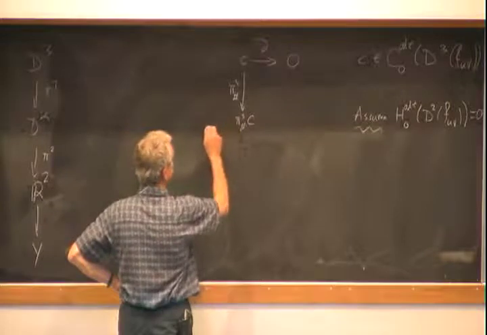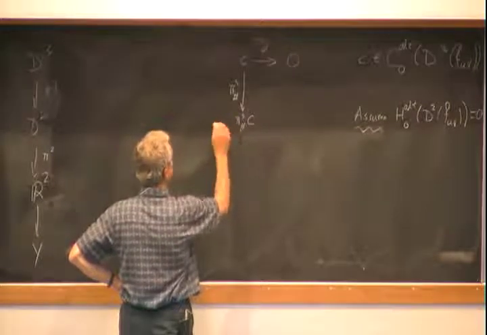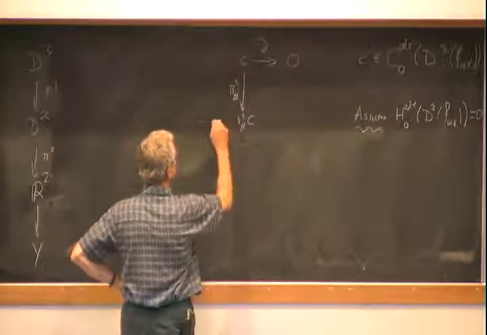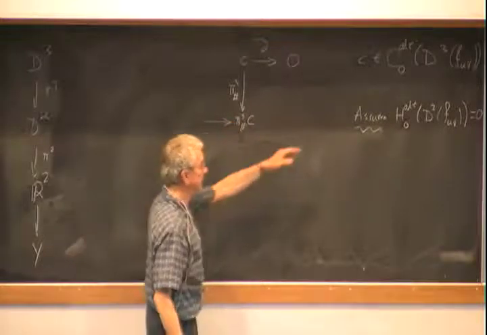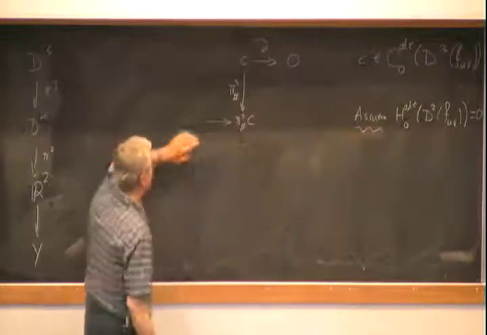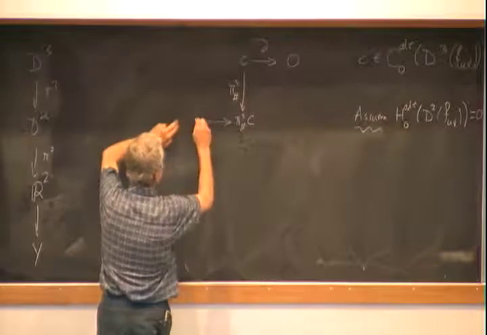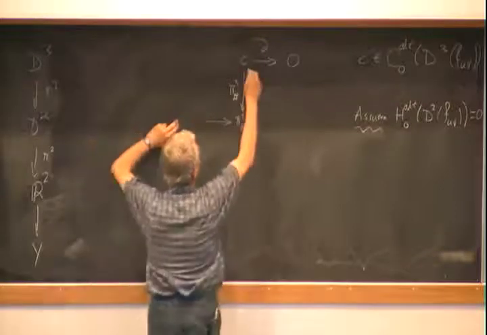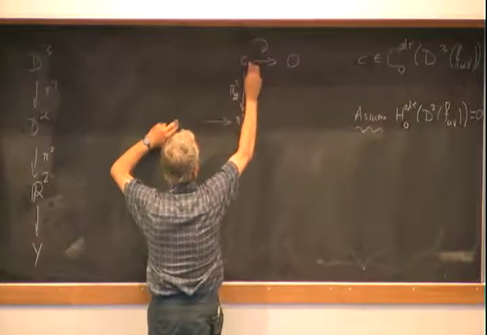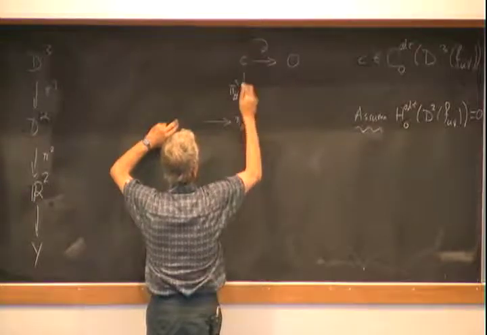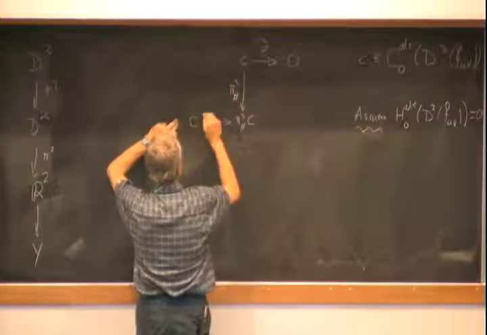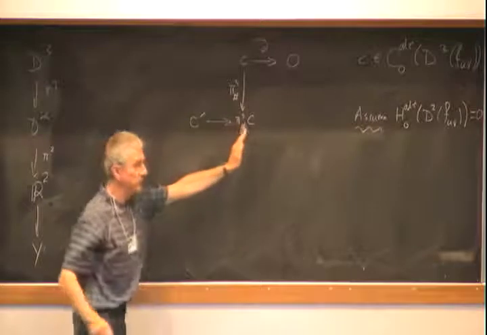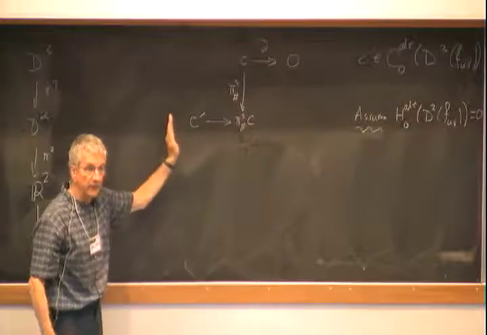Let's continue. Under this assumption, that means there's an alternating chain. Maybe I'll call this C. I don't quite know what label to use, so let's just call it C prime. By going one to the left, I'm increasing the dimension.